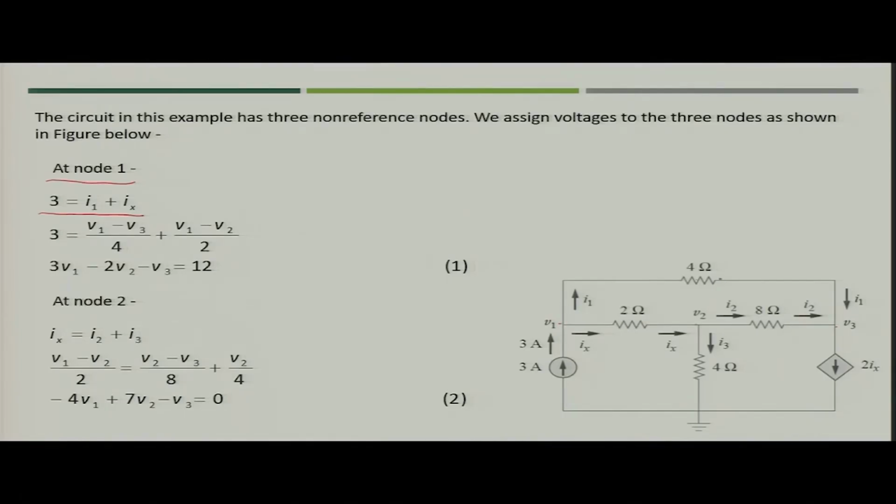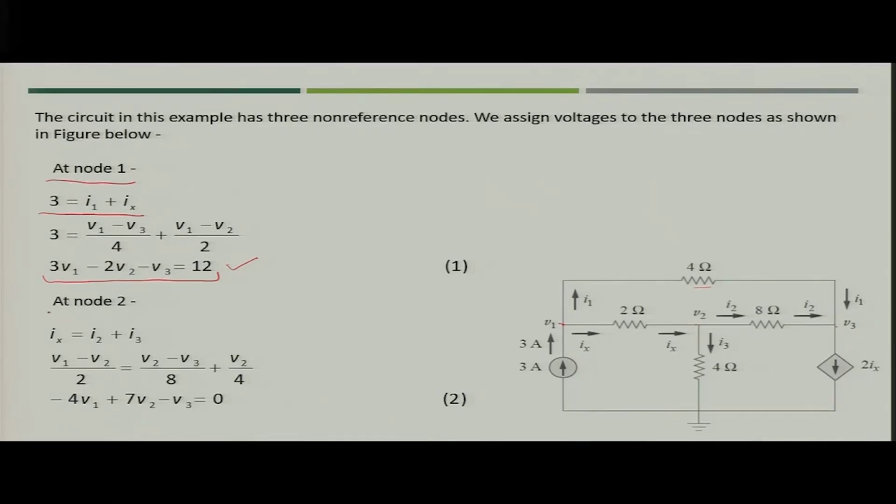V1 minus V3 divided by 4, and for Ix you can write V1 minus V2 divided by 2. So, one equation which you got is 3 V1 minus 2 V2 minus V3 is equal to 12. So, this is the equation you got while applying KCL at node 1.